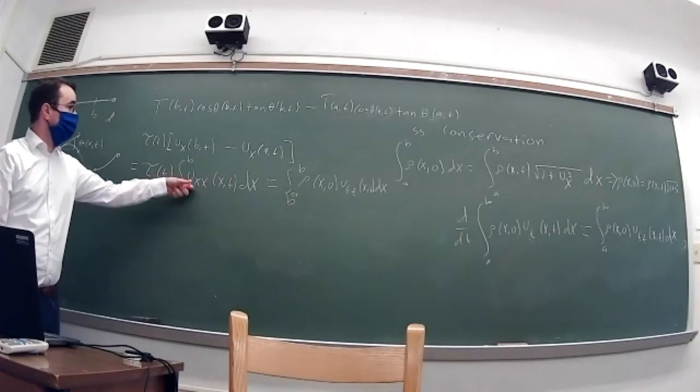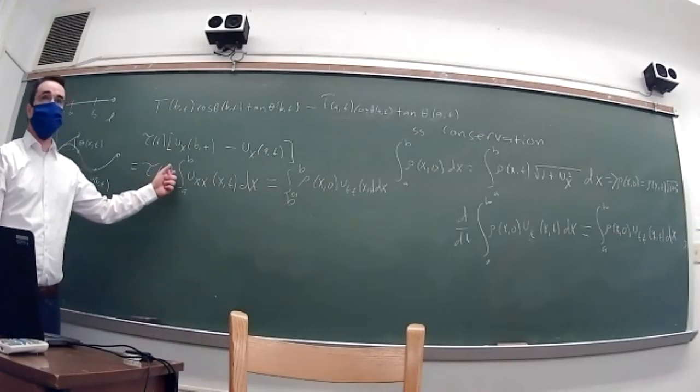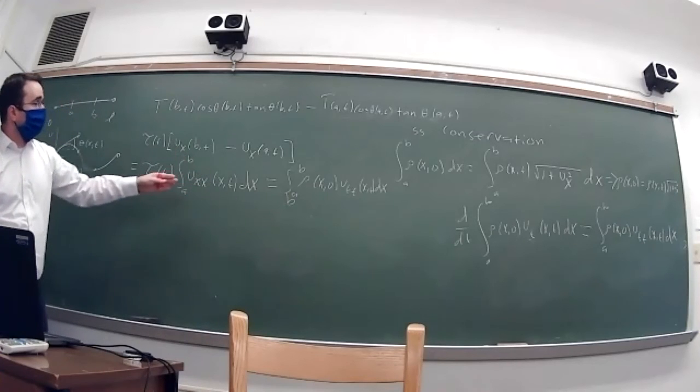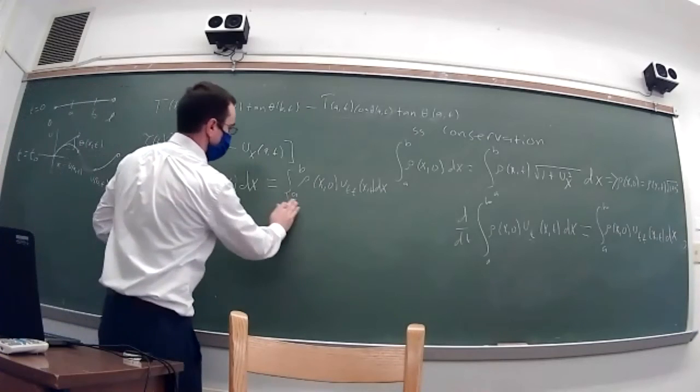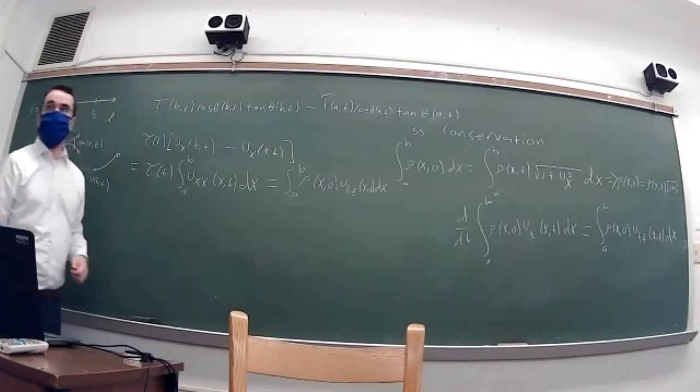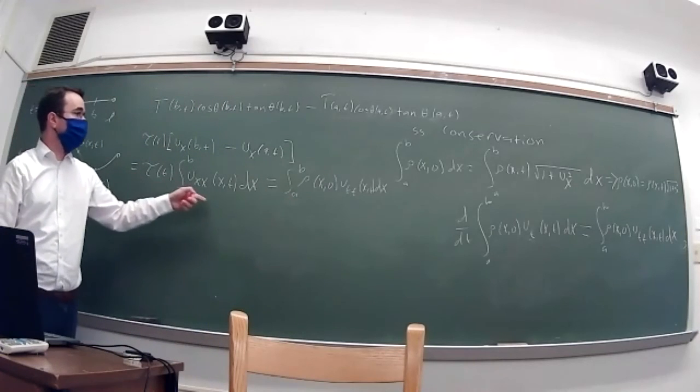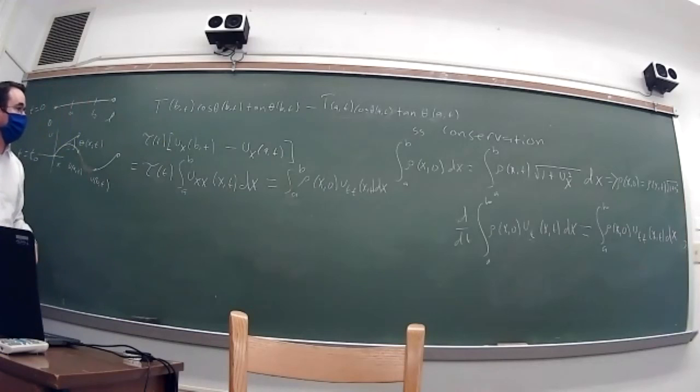So bring this inside the integrand. That's fine. It's a function of t. Treat it like a constant. And then bring this to the other side. Make it a single integral from a to b of tau times u_xx minus rho times u_tt.